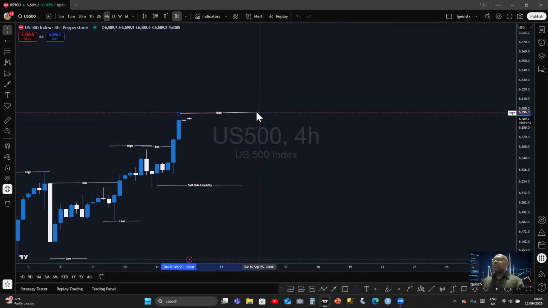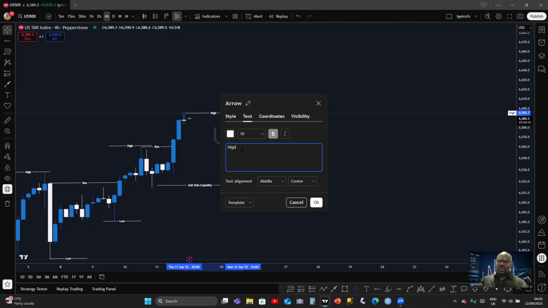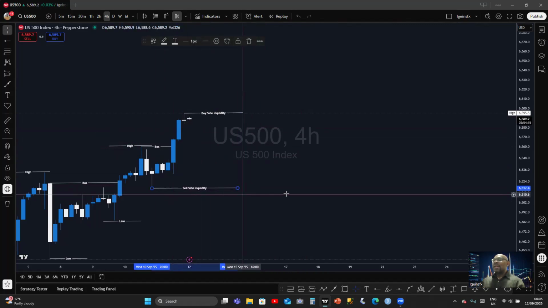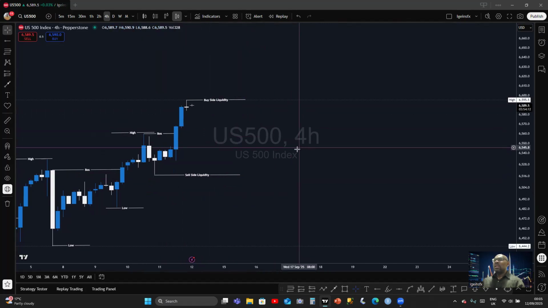This is a little advanced, but I need to teach you everything. And this is buy side liquidity. This is sell side liquidity, buy side liquidity. Why? Because this is the support level. This is the resistance level.